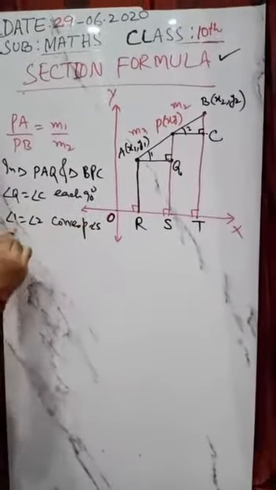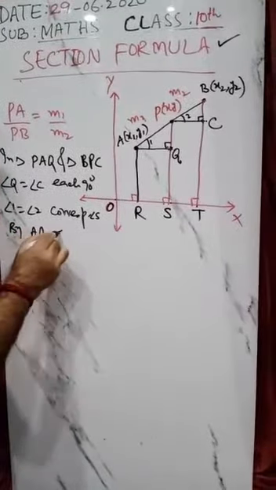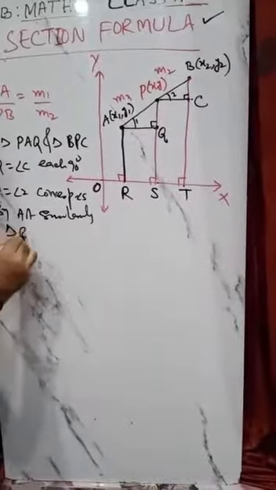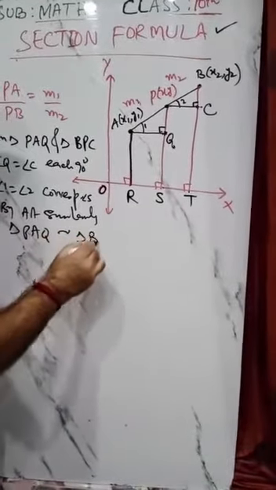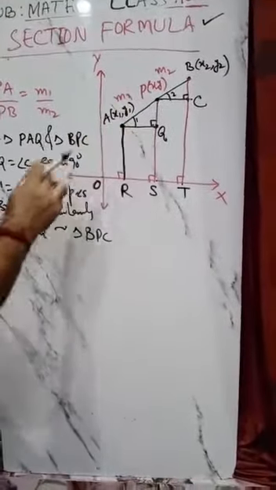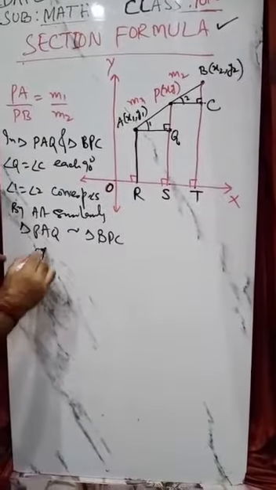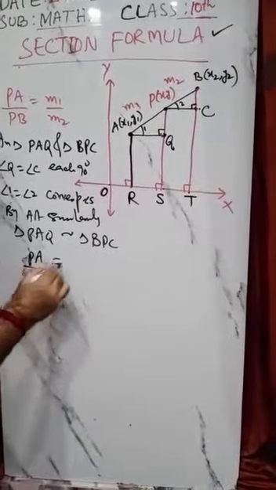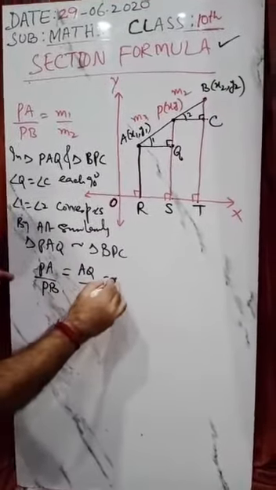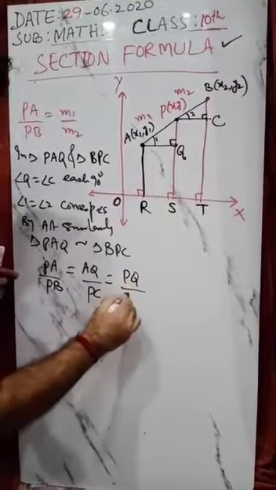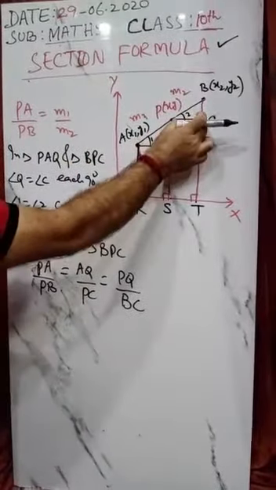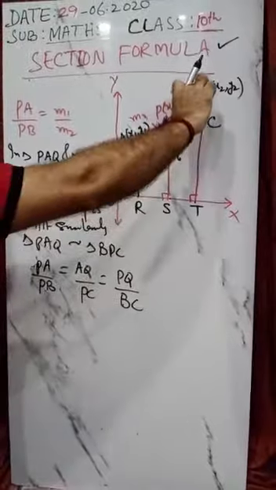So by angle similarity you can say that triangle PAQ is similar to triangle BPC. When two triangles are similar, the corresponding sides are in the same ratio. That means PA upon PB will be equal to AQ upon PC, and also PQ upon BC.